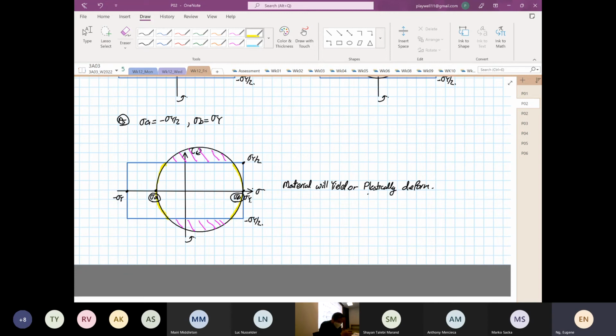Let me elaborate, okay? So for example, this is our stress A. Sorry, this is our stress A. And this is our stress B. Okay, this is our stress B, for example. Okay. So this is our center of the circle. Okay.